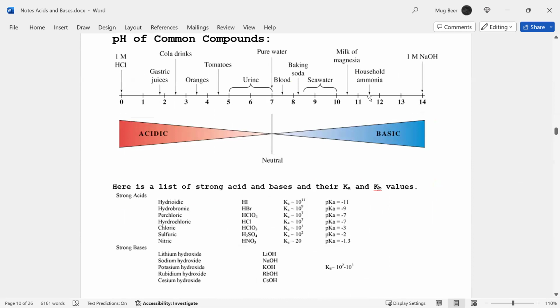So this is household ammonia, and we're over here. So this is Windex pH, and we're 10 times more concentrated than Windex pH, just by adding a low concentration of sodium hydroxide to a solution that's more than 10 times bigger than it. And the pH still went from 7 up to 12 something.